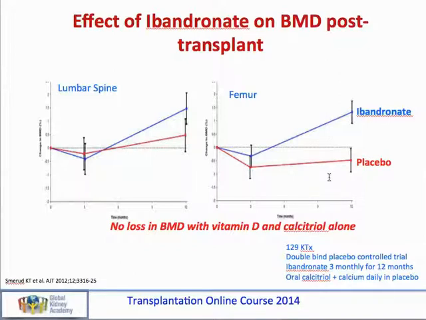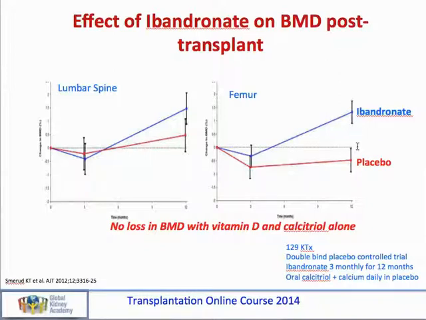And what you can see is that both at the lumbar spine and at the femur, although ibandronate was associated with an actual increase in bone mineral density, those randomised to placebo, to just calcitriol and calcium, actually didn't lose any bone mass at all.